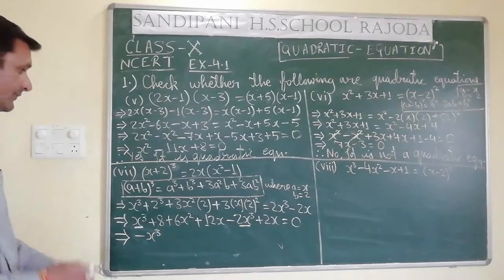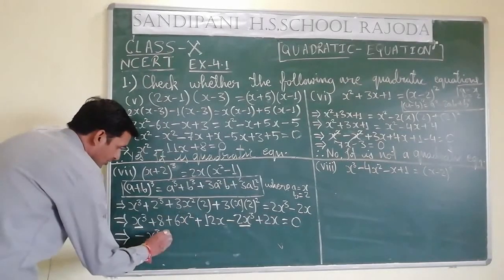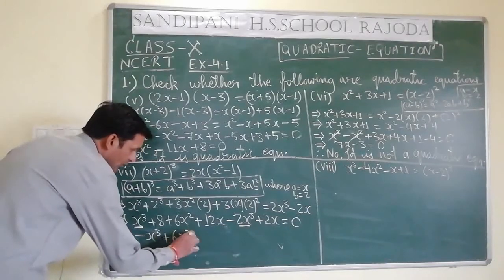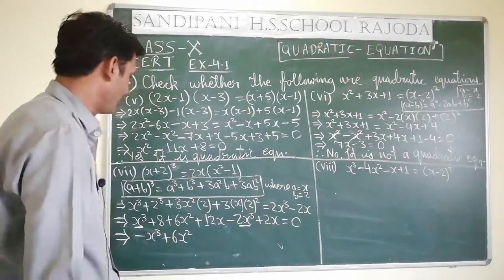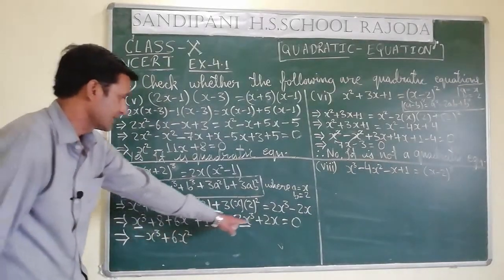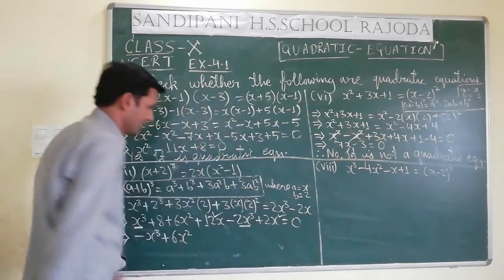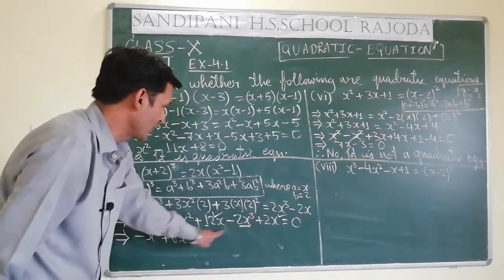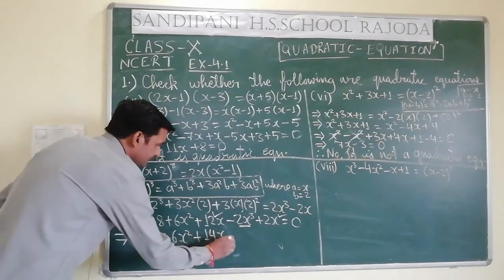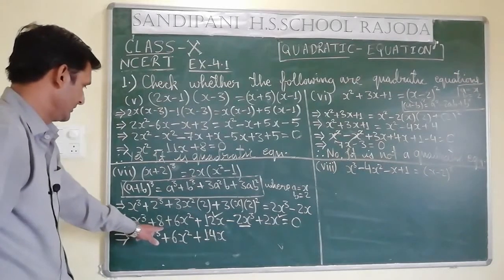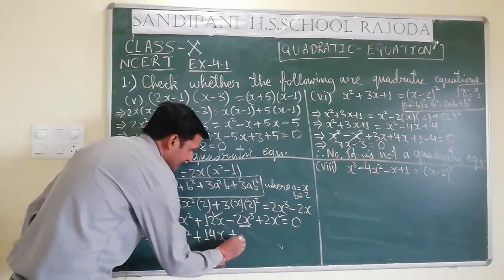Now the x square term is a single term, so there is no need to apply any subtraction or addition operation. Now 12x is positive 12x and this one is also positive 2x. So 12x plus 2x, that is 14x, and this is only the single constant quantity, plus 8 is equal to 0.